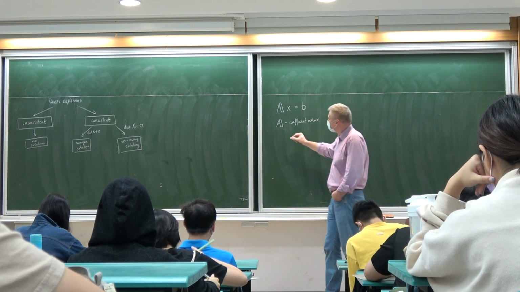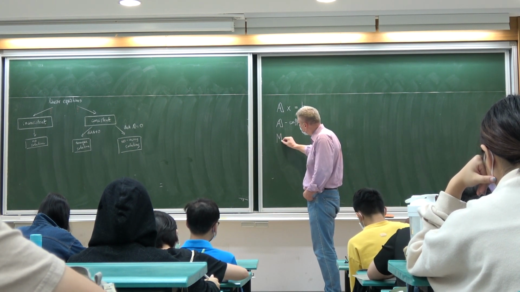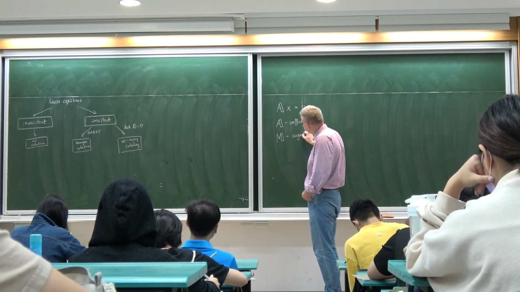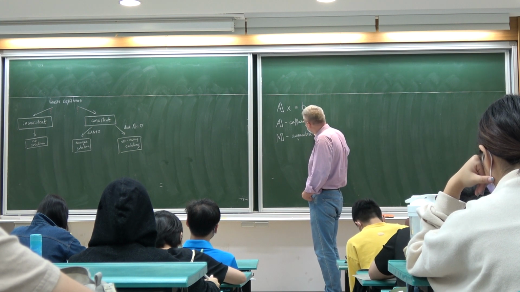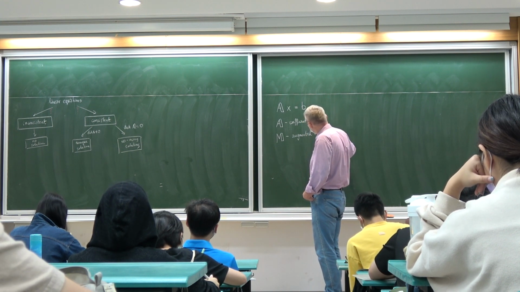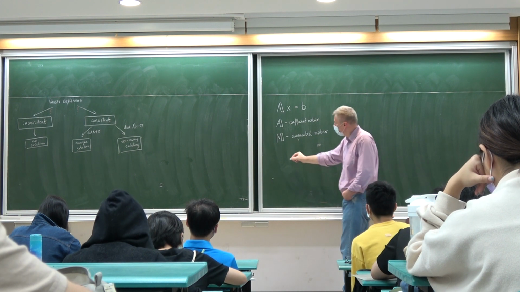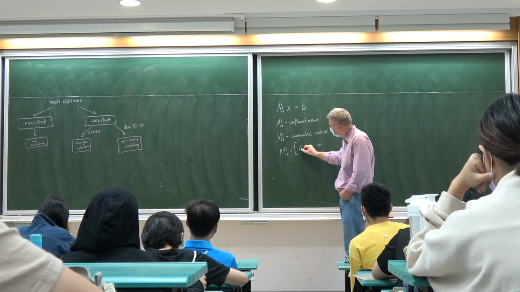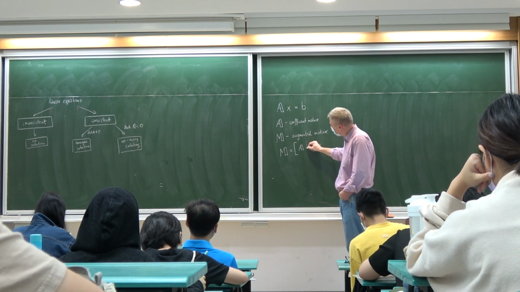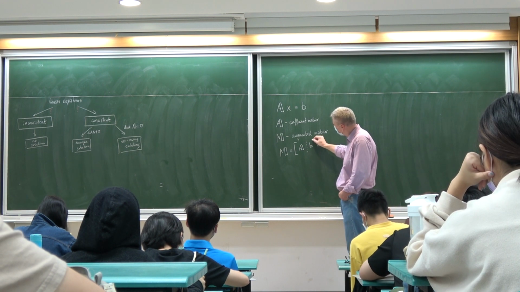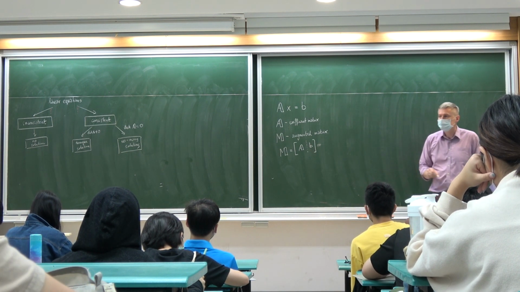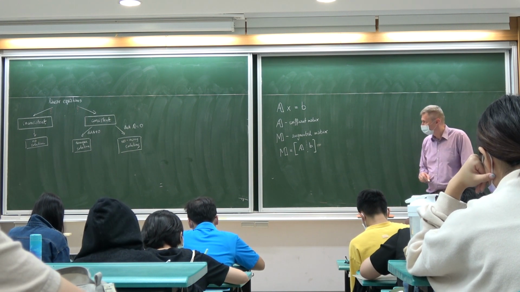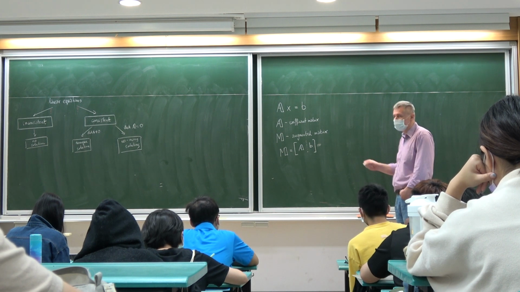Now you can create something called M, the augmented matrix. This M is simply made by taking A and adding to it one more column.